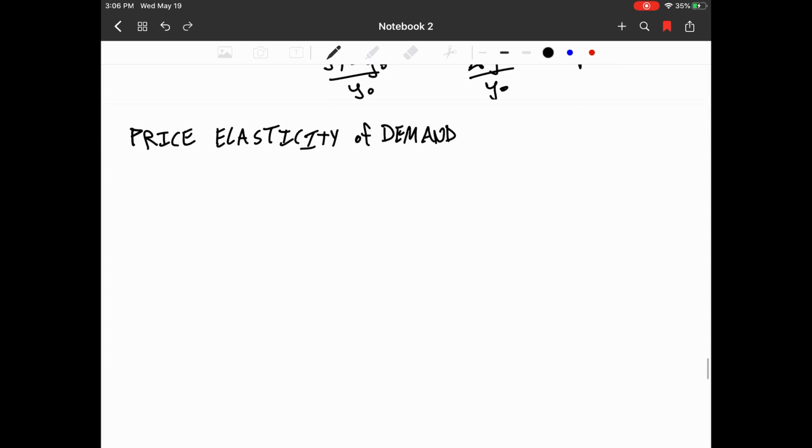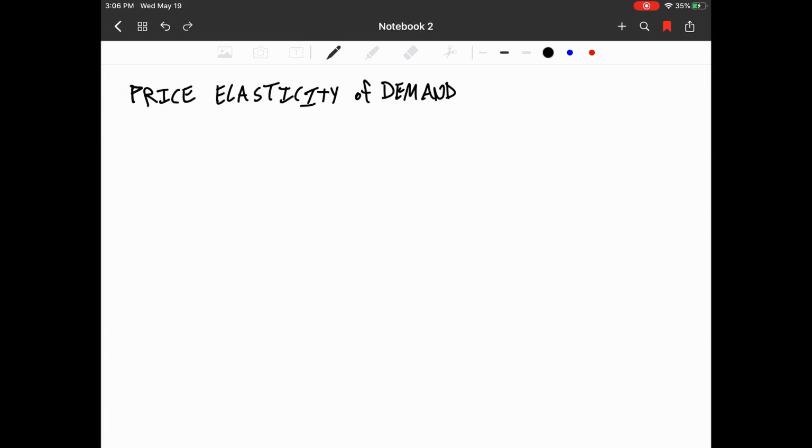I think the textbook's notation is perfectly fine, but I generally prefer my notation to convey some information about what is being described. So here we're going to use epsilon subscript d to denote the price elasticity of demand. Epsilon is always going to be elasticity. So here we just have the derivative of QD with respect to price, times price over QD.